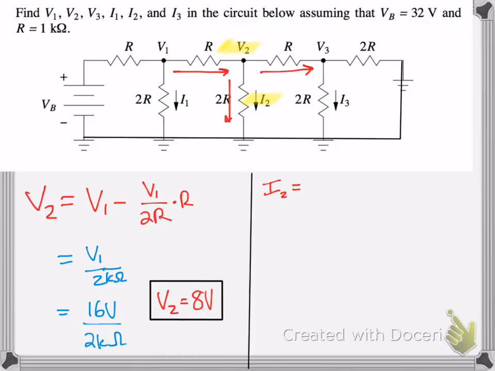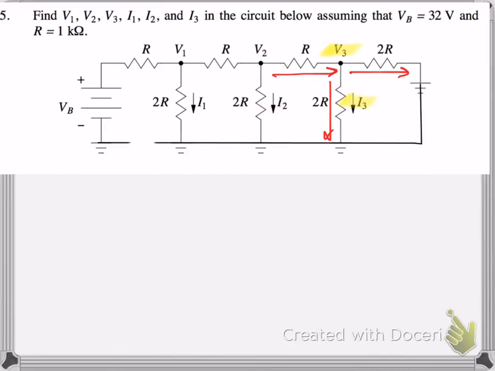Next, solving for current, we just look at that little section right there, and we got V2 over 2R, and we know the voltage that we just calculated is 8 volts over the 2 kilo ohm resistor, and that would give you 4 milliamps.